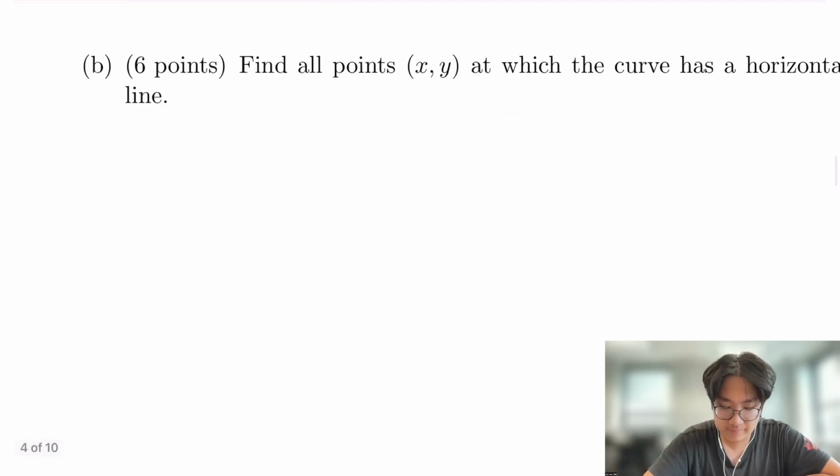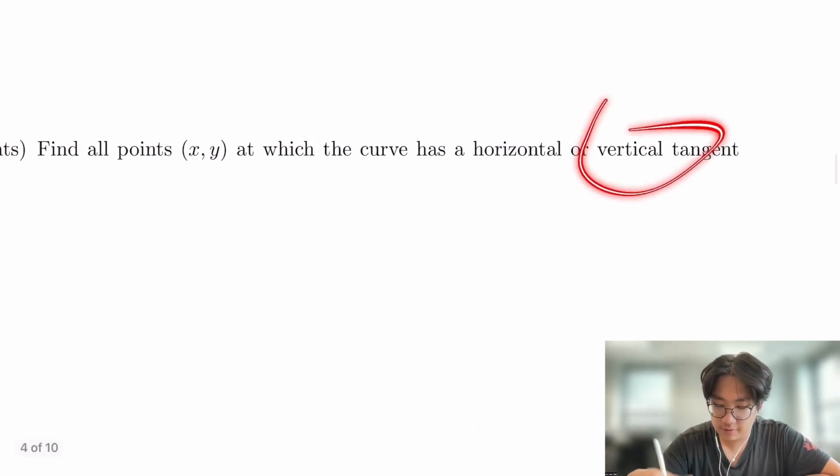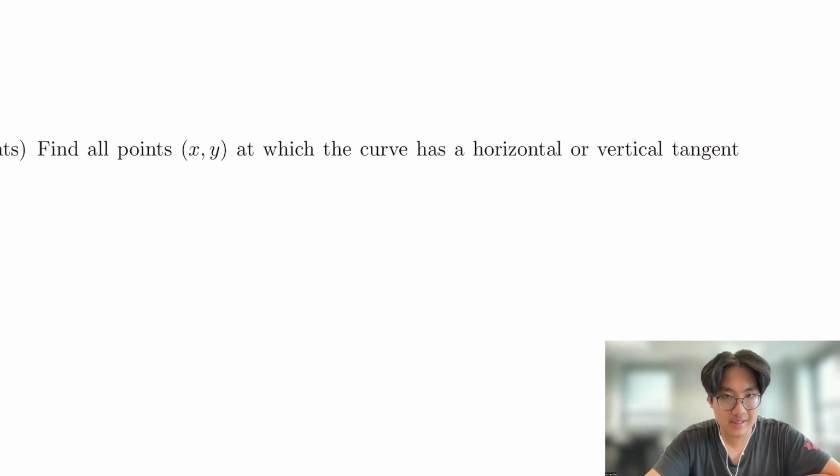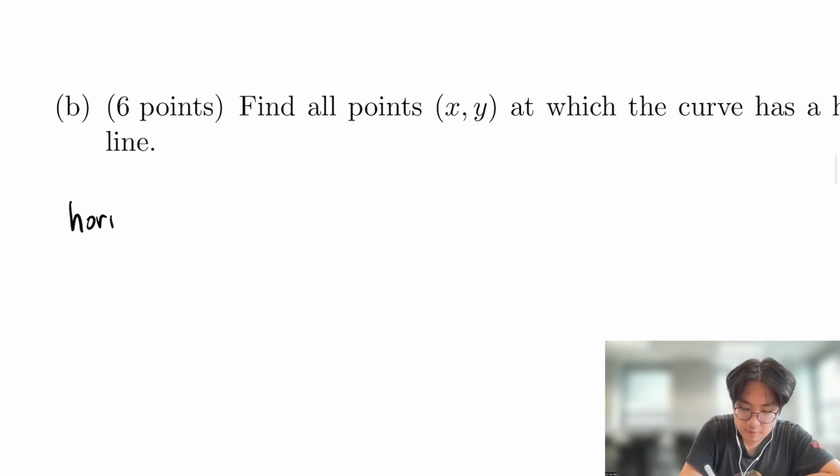So you need to make sure that, and again, I'll write it out in a sec, but just conceptually speaking, your slope has to be flat, 0. And in the vertical case, obviously it has to be undefined, which means the denominator is 0 while the numerator is not 0. So I'll write that out. So first we have horizontal tangents.